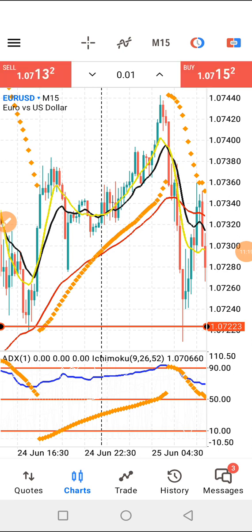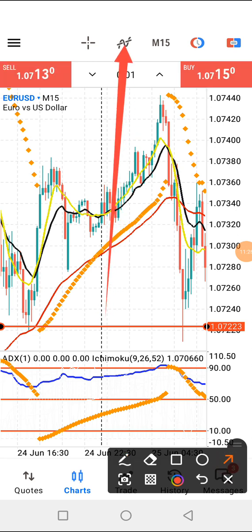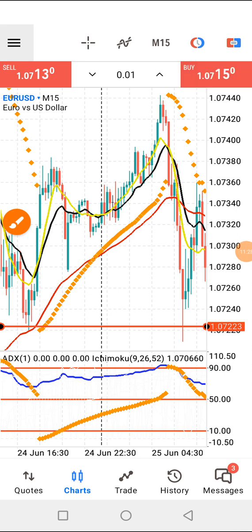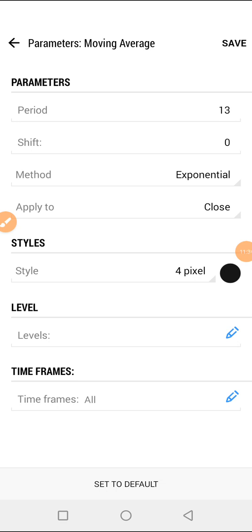Is that clear, guys? Now, for you to add these setups to your chart, you click on this F icon here. Yours can be N or F. When you click on it, it will take you to the window indicator home. On the main chart, the first moving average is moving average 13, so that is period 13, shift 0, method exponential, apply to close. You can use any color of your choice, then you click save.